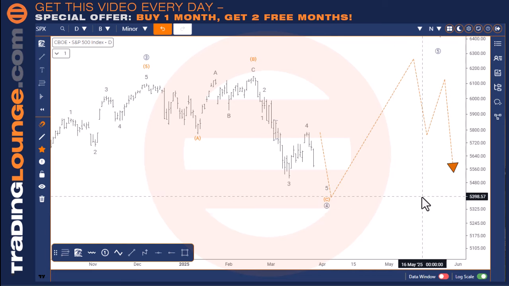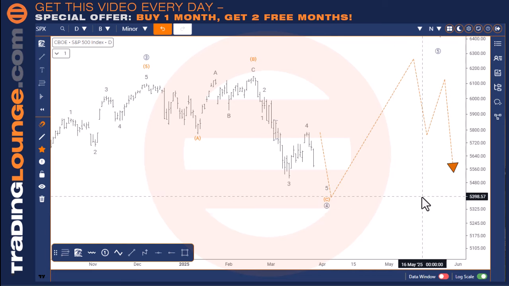In that case, if we look at the alternative count for the S&P, it will take us down further. So in this case, we call a top in over here, and we look at this as down for the A wave, the B wave, and then the C wave down here.